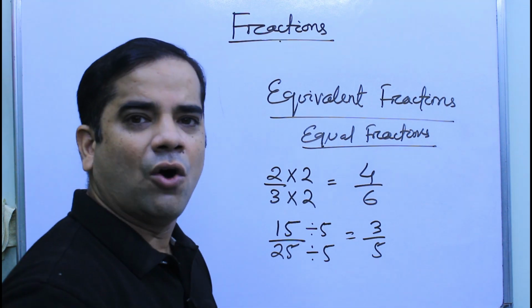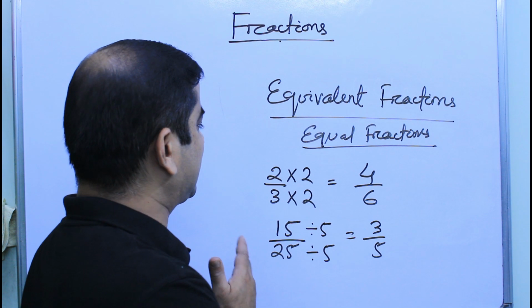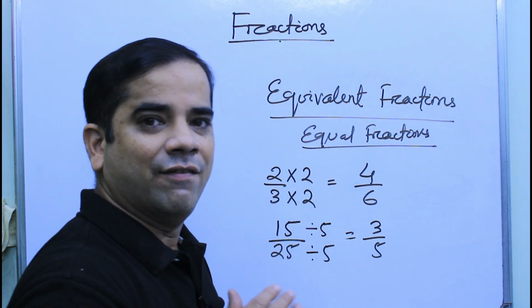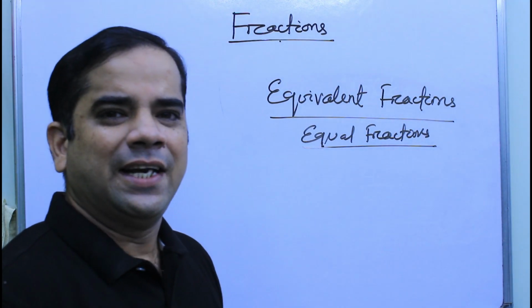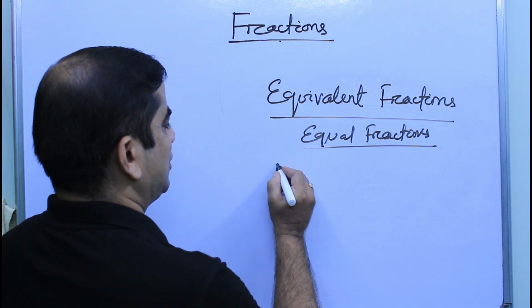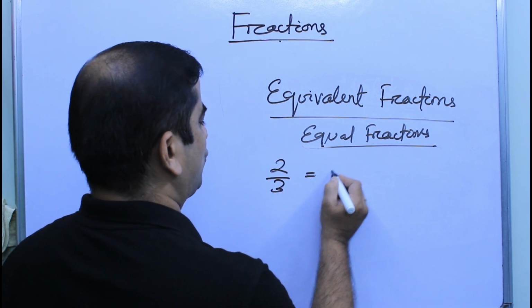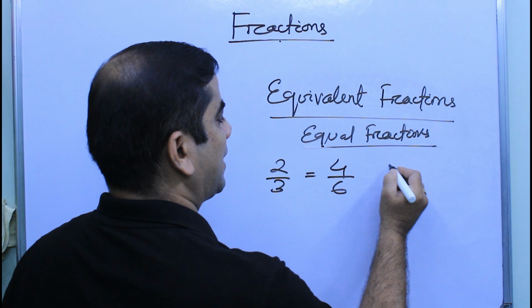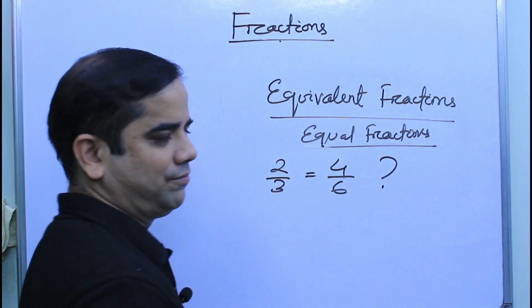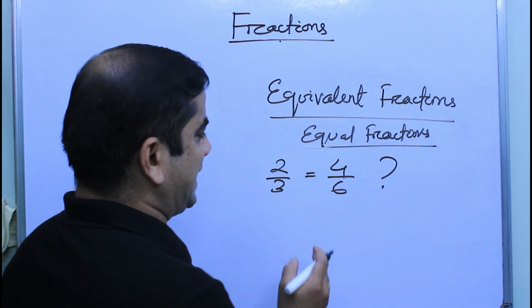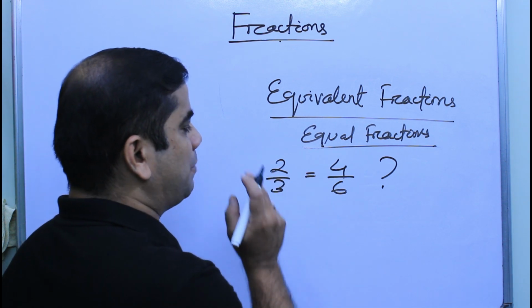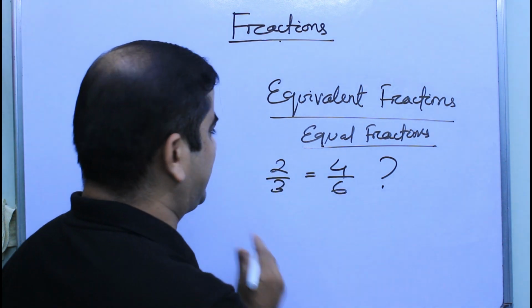So, let us now discuss why we say that they have equal values. Okay? Students, let us discuss the first case. 2 by 3 is equal to 4 by 6. But there should be a question mark. How? Students, 4 by 6 has greater numerator and denominator than 2 by 3.